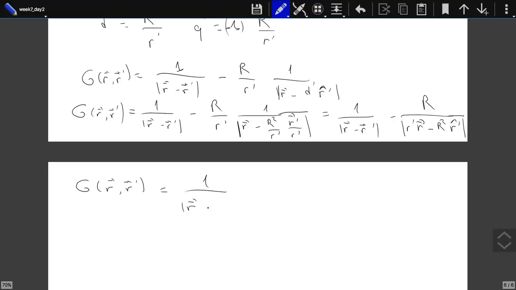Well, the first one is symmetrical, so let's just keep it there. Minus R over the square root of R prime squared R squared, minus R to the 4, plus R to the 4, and minus twice R prime R squared R cosine gamma, to the power 1/2.